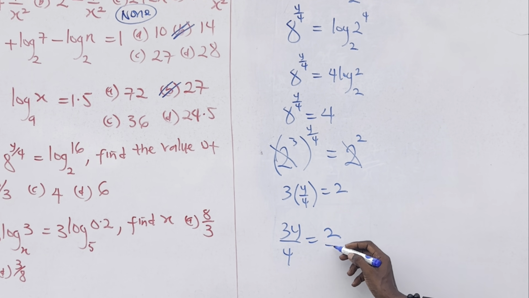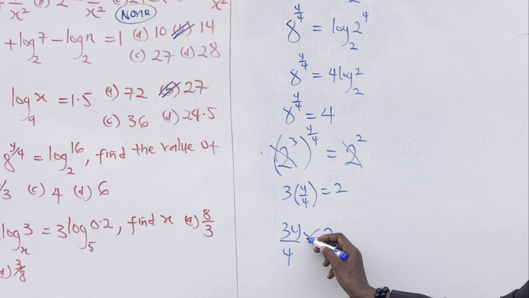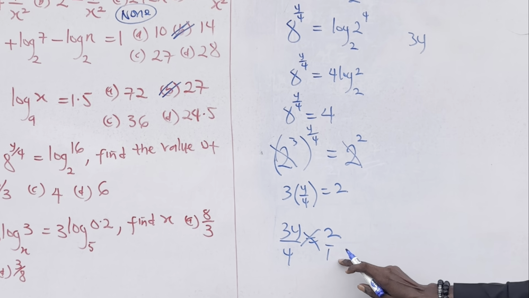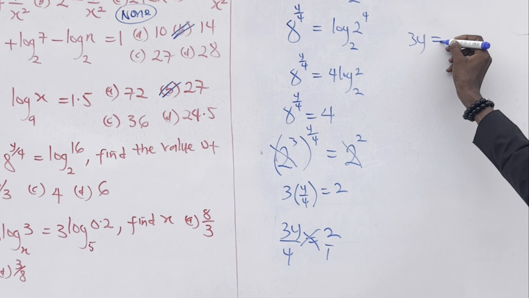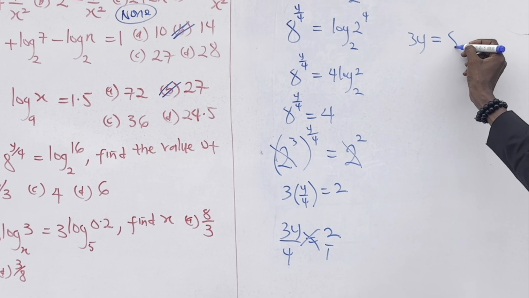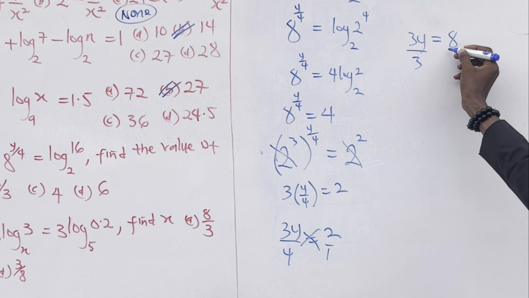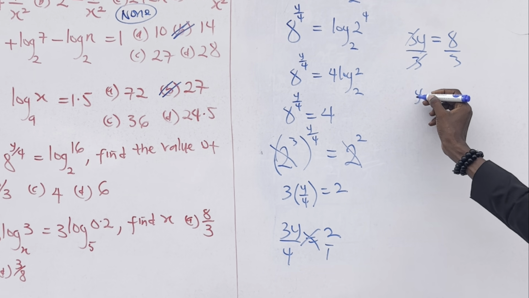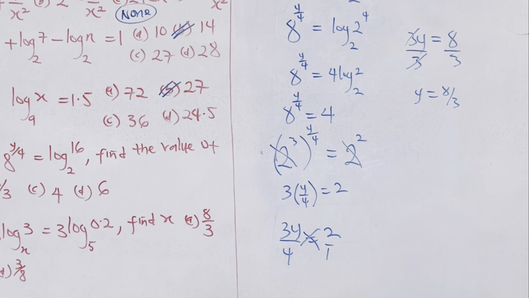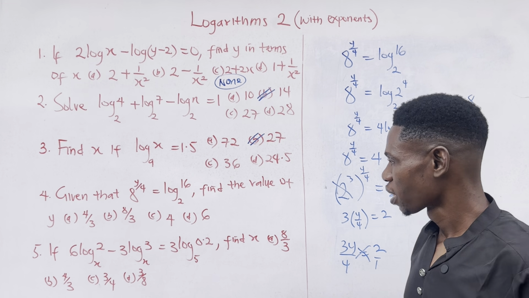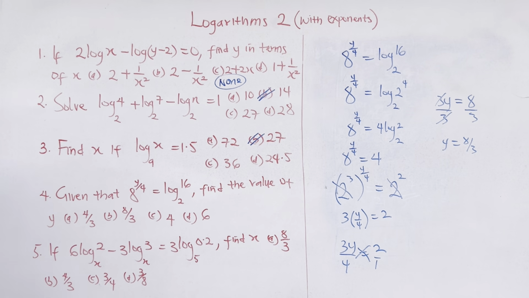Now we can make this over 1 and cross multiply, so 3y equals 8, since 4 multiplied by 2 is 8. Now we divide both sides by 3, so y is 8 over 3. That would be option B.